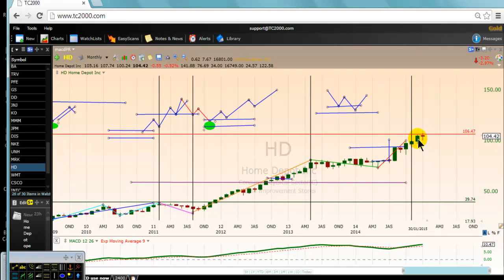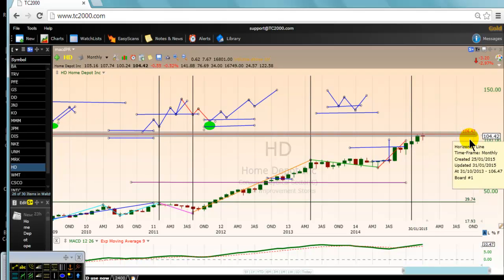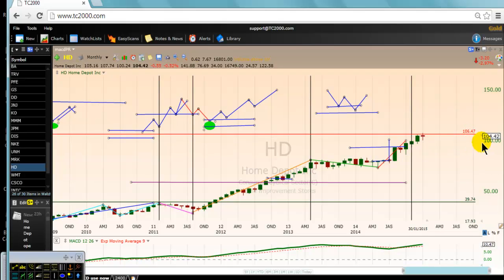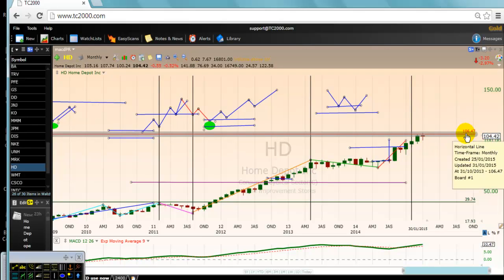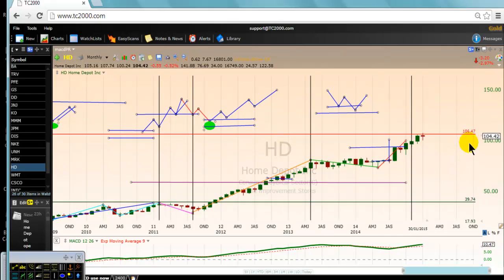Correction: not the 100 level, we find it very difficult to cross the level of $106.47, so let's round it to $106. So the fifth Elliott wave is up to $106, not $100.